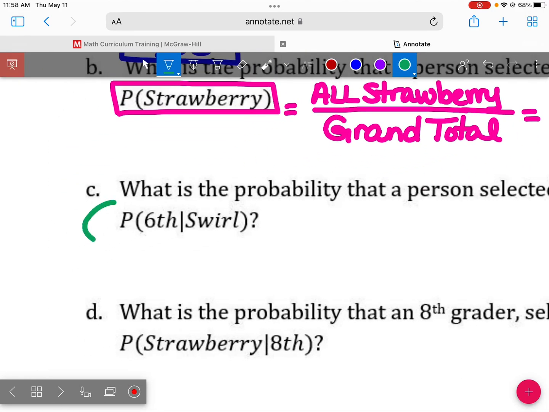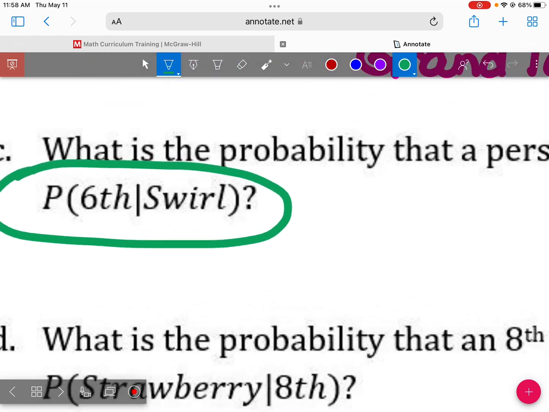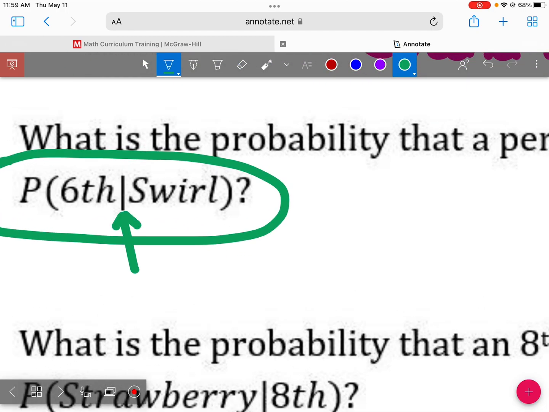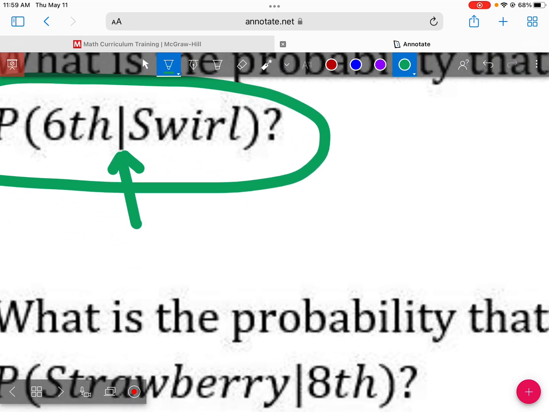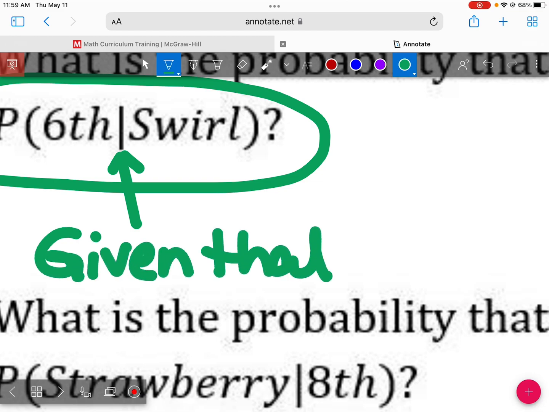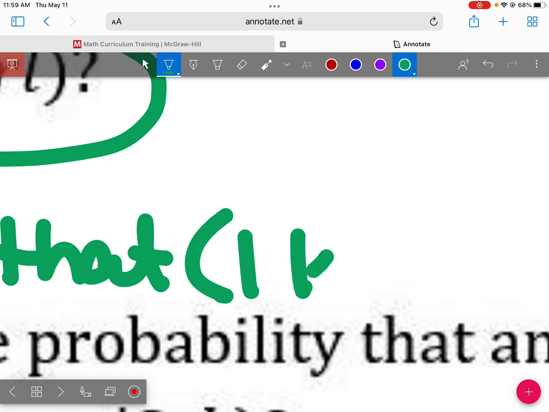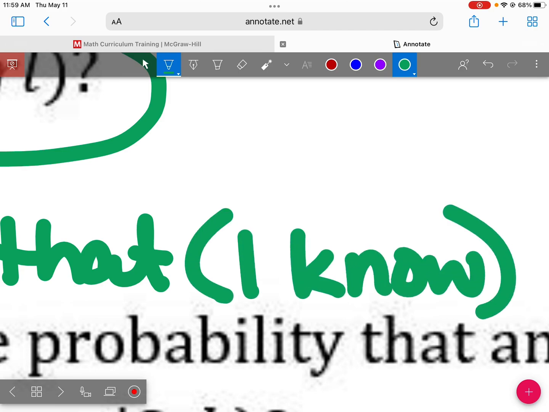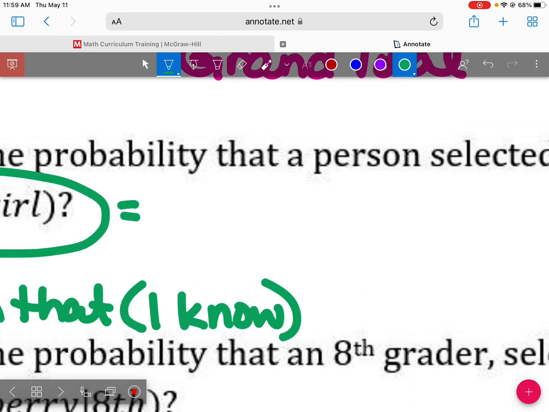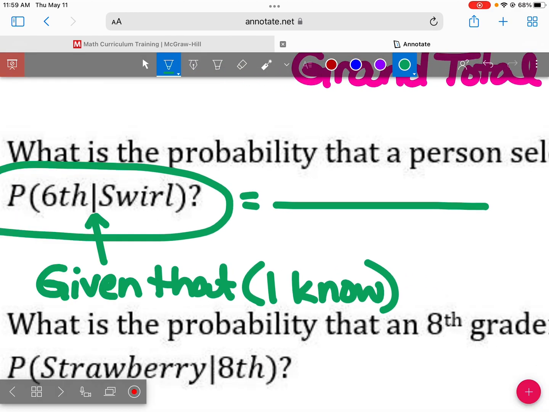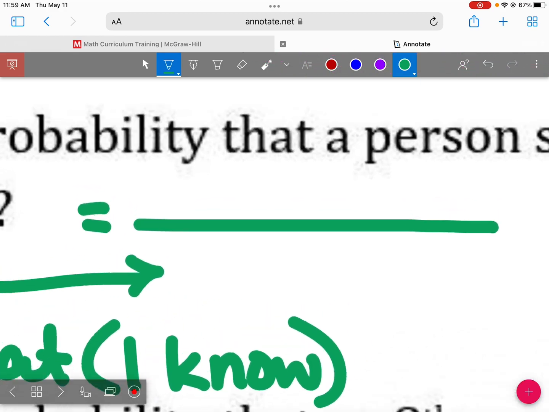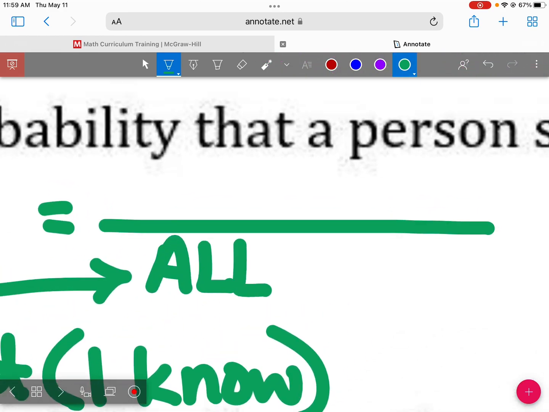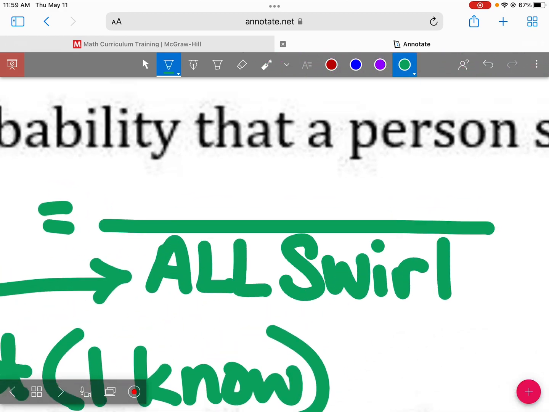The next one, we have this little line on it. What does the line mean? Given that. Or I know. So when we go to set up the fraction, whatever I know, whatever's on the bottom, I need all of that in my denominator. So all swirl in the denominator.